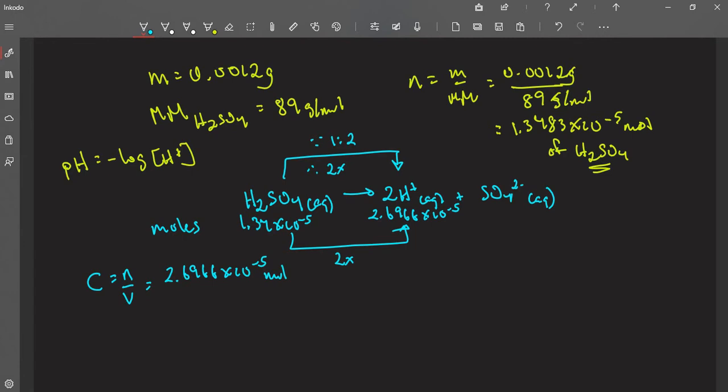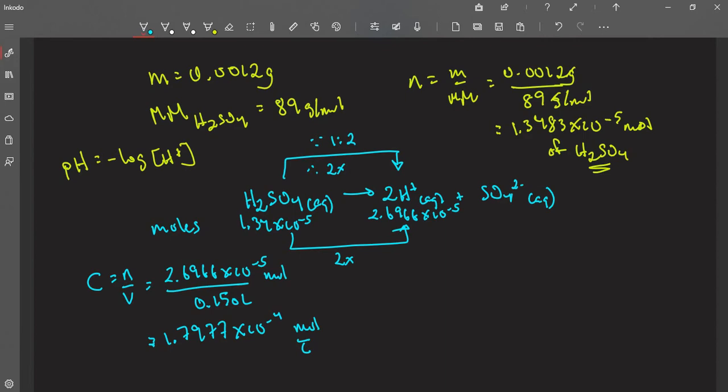Convert 150 to liters, and we get 0.150 liters. So once you divide the two, you end up with 1.7977 times 10 to the negative 4 moles per liter.